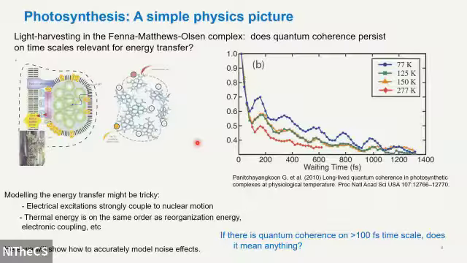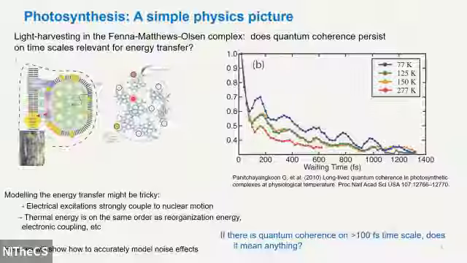And then there's a couple of experiments from 2007 and 2010. What they did is they shone a series of very short laser pulses on an ensemble of these complexes and observed some beating patterns in the spectroscopy of these pulses. And they extract them and argue that these represent coherent oscillations of electronic excitations through this complex.